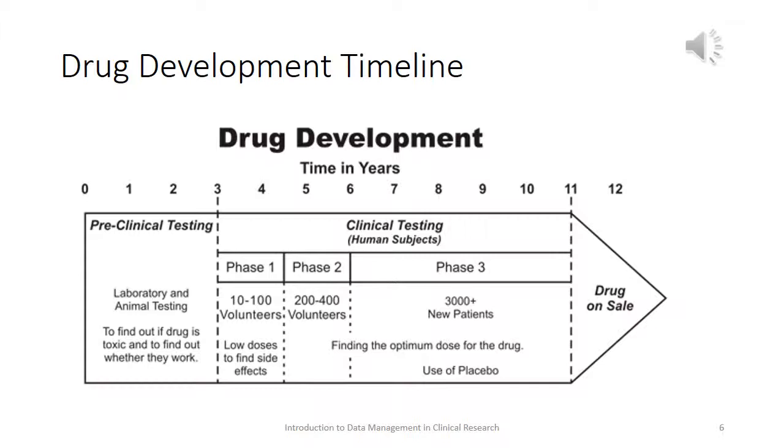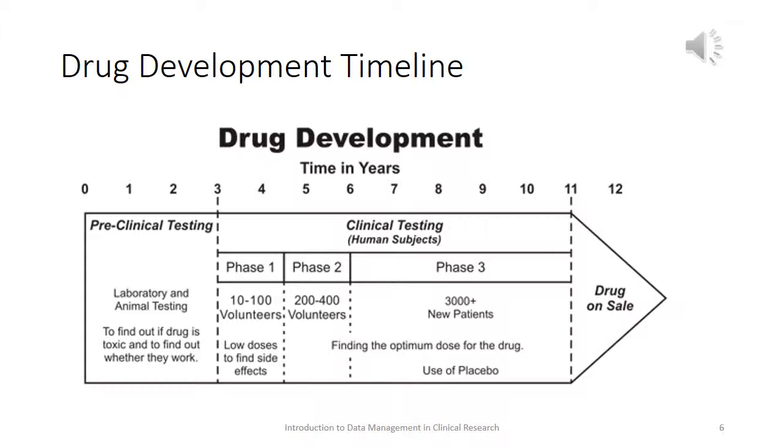So once we complete the phase 1 testing, we're going to move to phase 2 testing. In phase 2 testing, we're going to get a larger population of patients. These are going to be patients that suffer from the medical indications. So if it's heart disease or diabetes or asthma or whatever it may be, we're going to have specific inclusion-exclusion criteria for those patients, and we're going to get people that suffer from that disease indication.